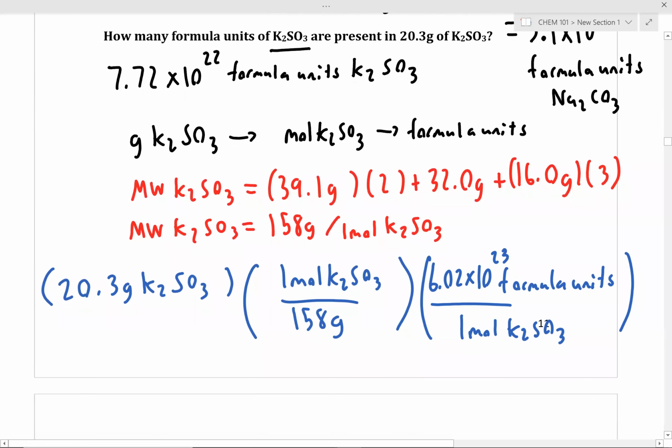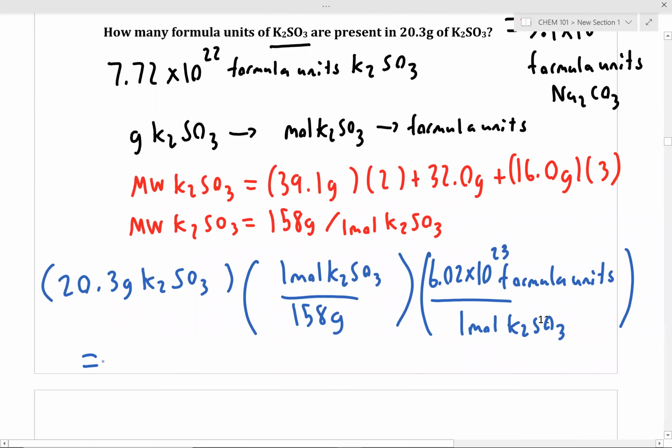So then, let's now punch this into our calculator and let's see what we get. So we have 20.3 divided by 158 times 6.02 EE23, and that in turn gives us 7.73 times 10 to the 22nd formula units of potassium sulfite.